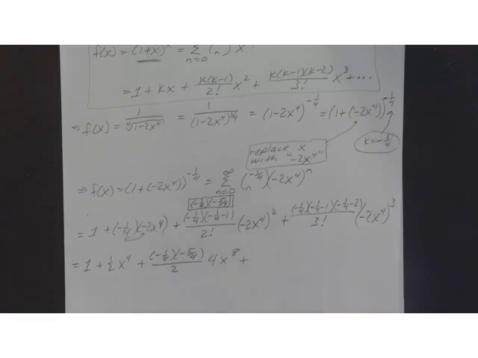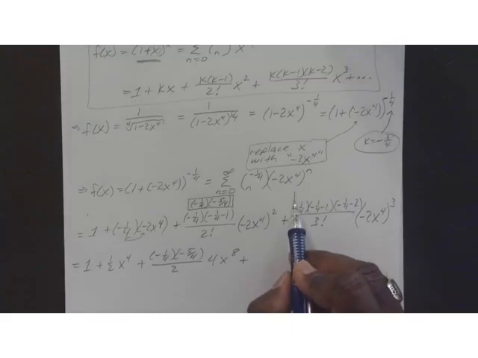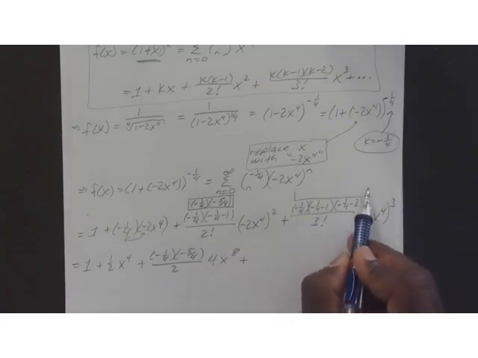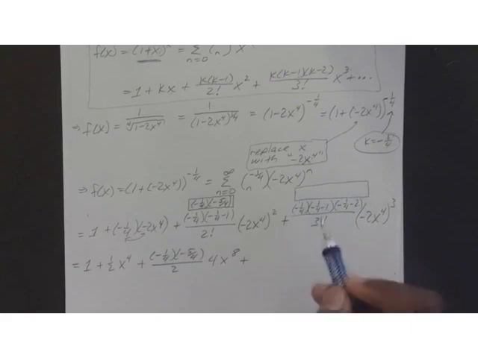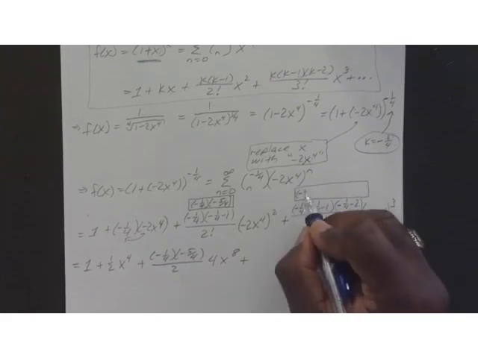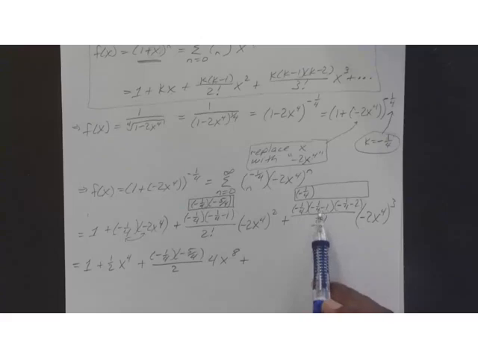Plus, now these 3 factors will give us negative 1/4 times negative 1/4 minus 1.